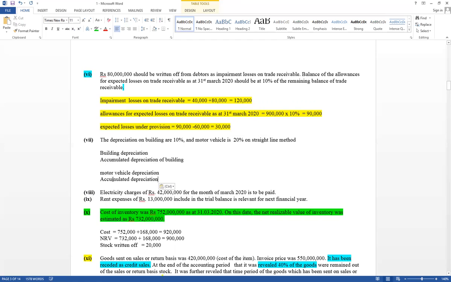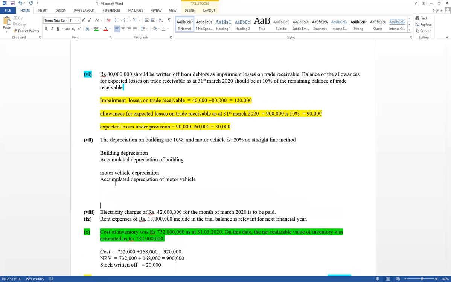The opening balance is given. Right. Based on cost value, 10% for building depreciation, 20% for motor vehicle. Accumulated depreciation is also given in the trial balance.